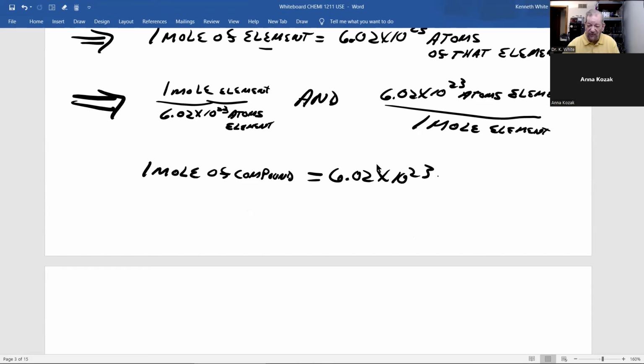Now, a compound is made up of molecules. So for a compound, like water, 1 mole of a compound equals Avogadro's number, 6.02 times 10 to the 23rd.